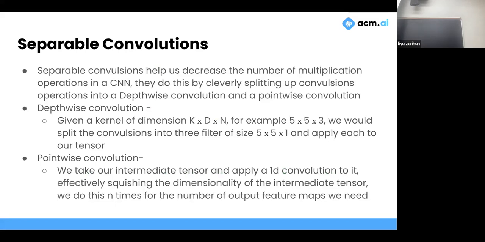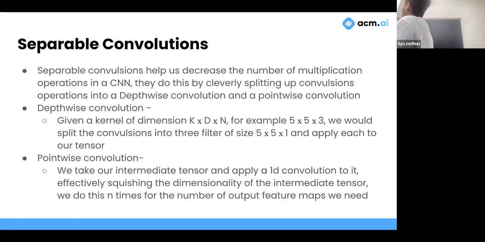So yeah, we can do better for efficiency reasons. One potential way is to use separable convolutions rather than typical normal convolutions. Sorry for that spelling mistake. Separable convolutions help us decrease the number of multiplication operations of the CNN by separating the convolution operation over the kernel.